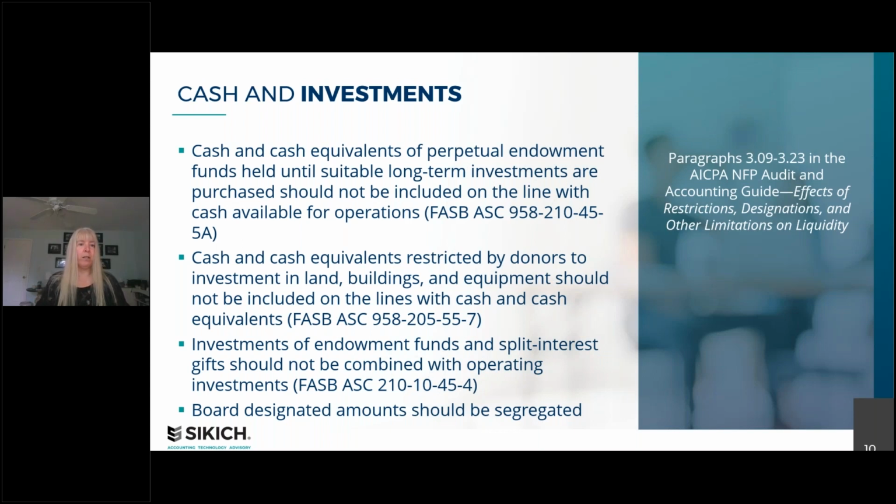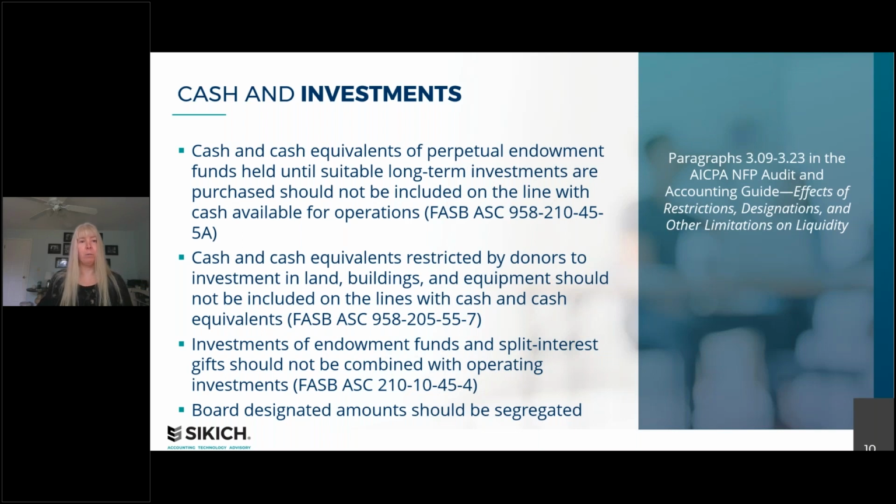And the first one is cash and cash equivalents of perpetual endowment funds. So for organizations that have endowments, sometimes cash and cash equivalents are held within the investment portfolio until suitable long-term investments are identified for purchase.